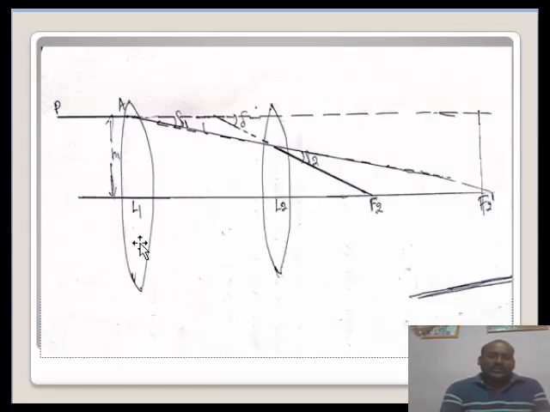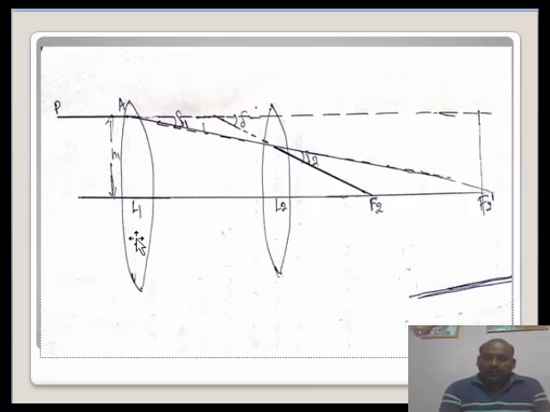This is L1 and this is L2. The distance between the two lenses we call small d. Again, the ray PA is incident and would meet at F2 dash, but before that I place another lens. After refraction by L1, this ray is the incident ray for the second lens.